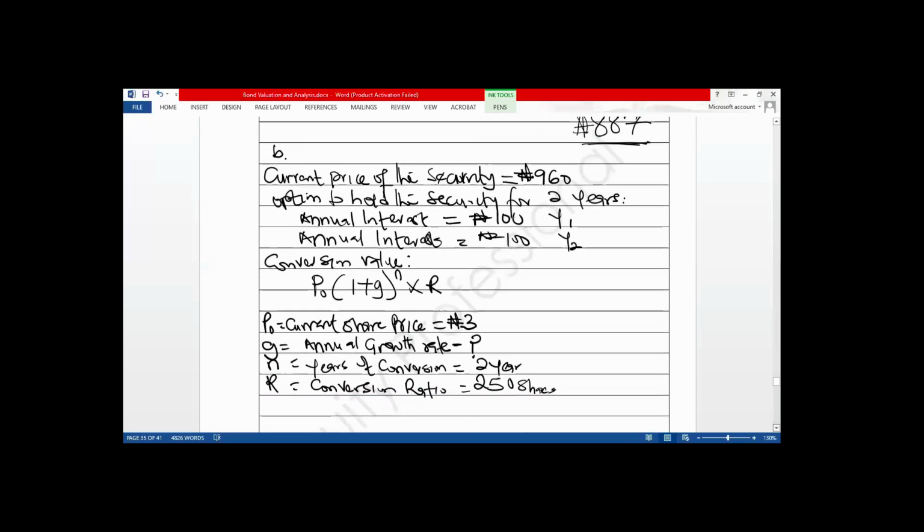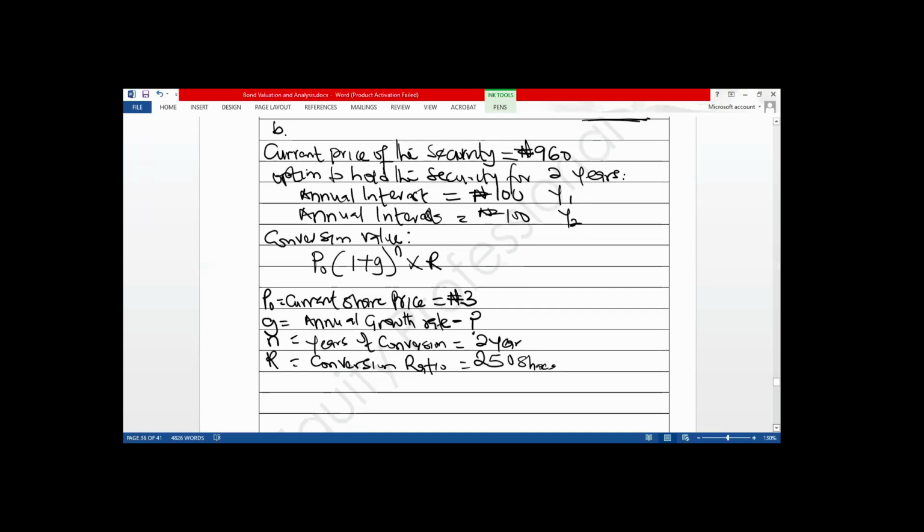So we can now determine the conversion value. The conversion value is equal to 3 naira bracket 1 plus G unknown raised to power n multiplied by 250.